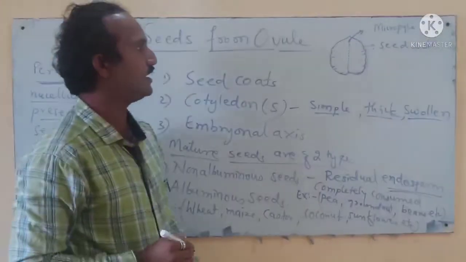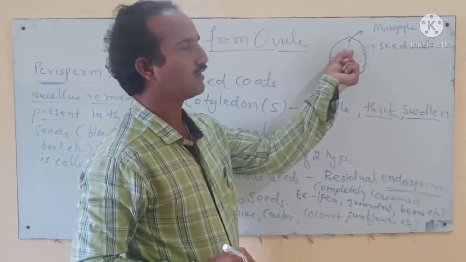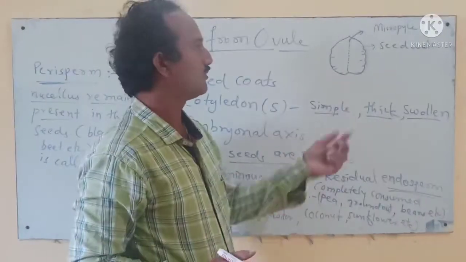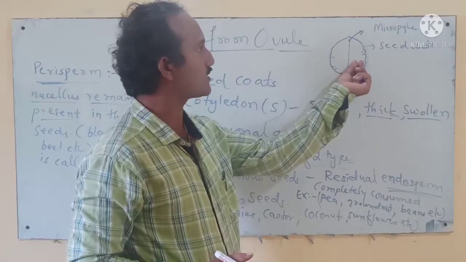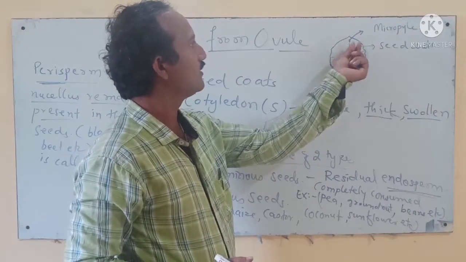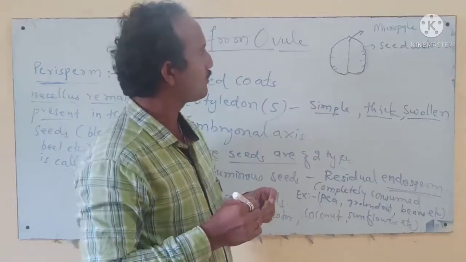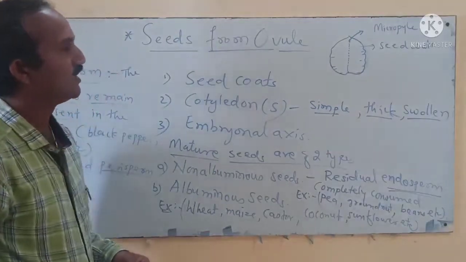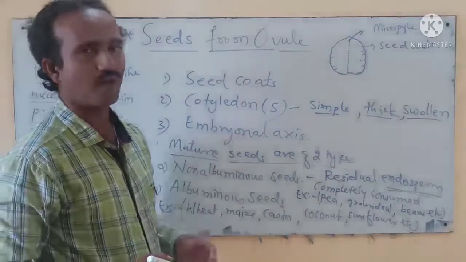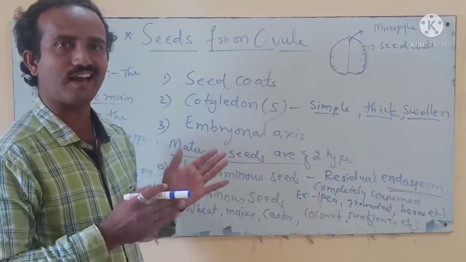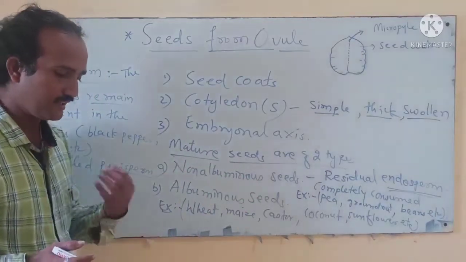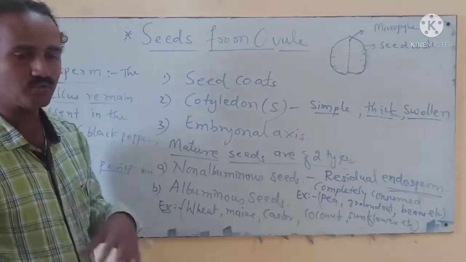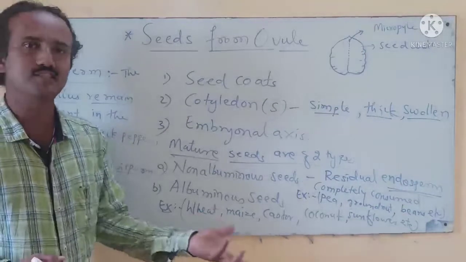So the seed coat is a protective hardened coat formed from the integuments of the ovule, and another part present is a small pore, called the micropyle, through which oxygen and water enter the seeds during seed germination.